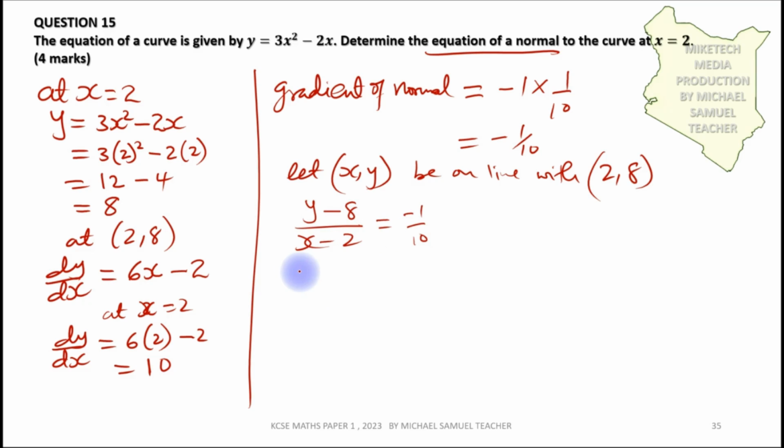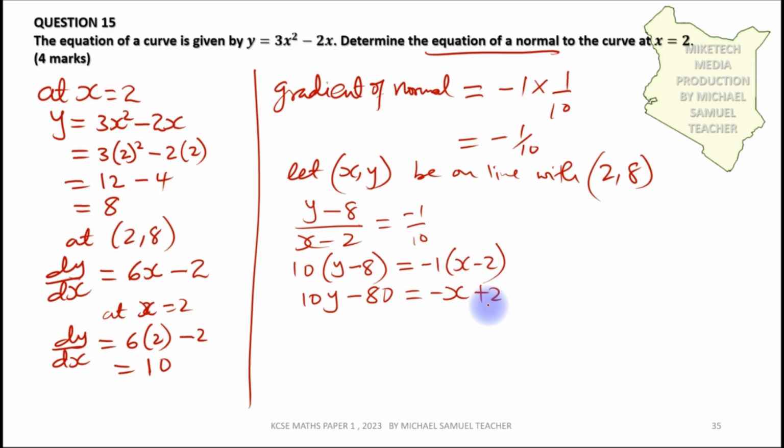Cross multiply, open the bracket, this will be 10y minus 80 equal to minus x plus 2. We can rearrange this: 10y will be equal to minus x, take minus 80 to the right hand side, it will be plus 80, that will be plus 82.